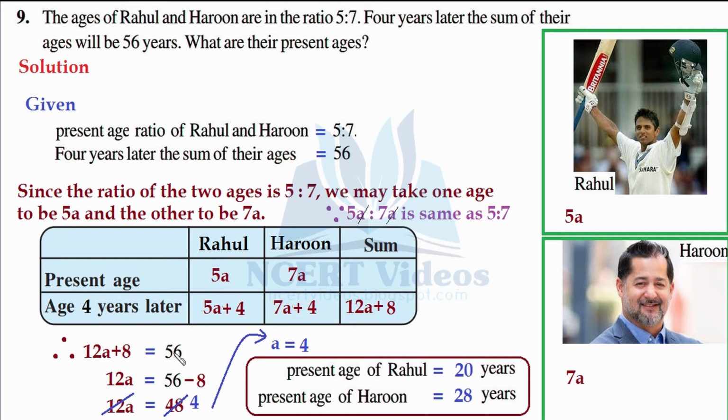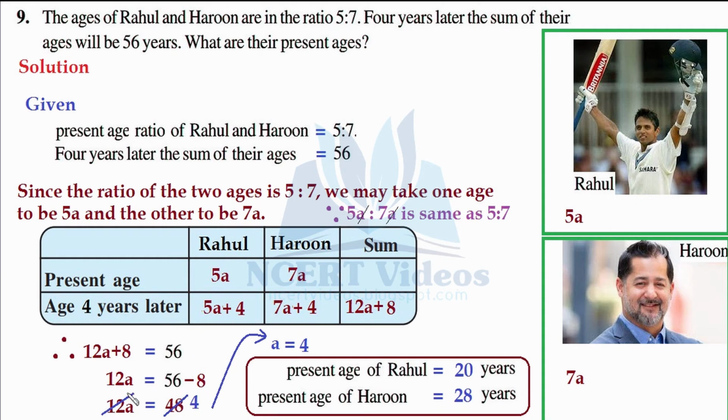Now it is just a matter of solving this equation. We have to separate this variable A on either side. This time we will separate it towards the left hand side. So 12A as it is equals 56 as it is. And transposing positive 8 towards the right hand side, it will become negative 8 because signs get changed. Plus becomes minus, and division becomes multiplication and vice versa. 12A as it is, 56 minus 8 is 48.